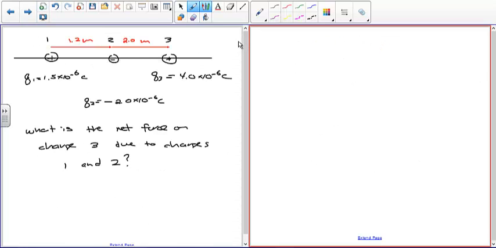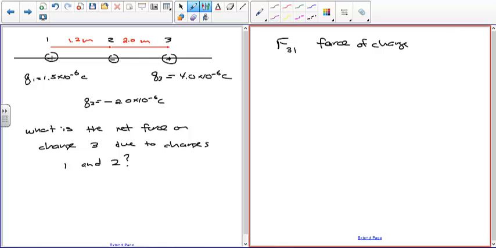You have to use subscripts to describe what's going on here. We just have to be consistent about how we define this. F31 is the force on charge 3 due to charge 1.